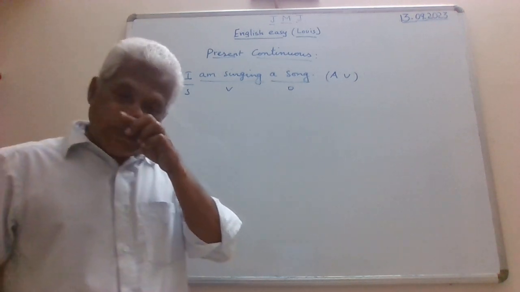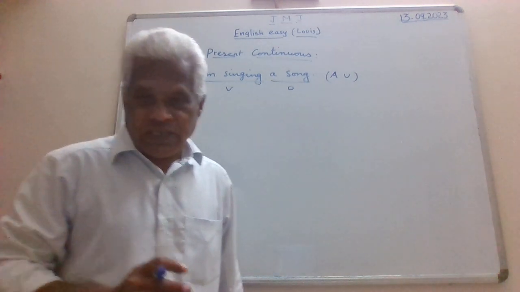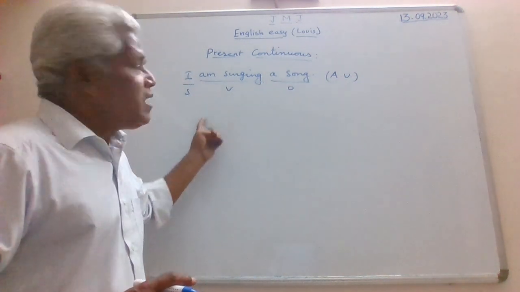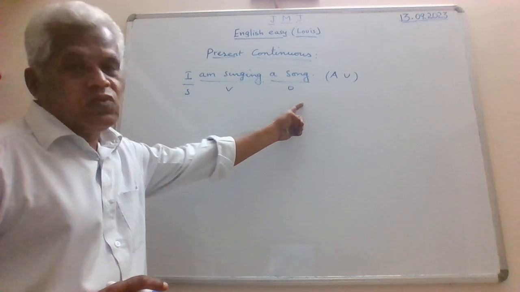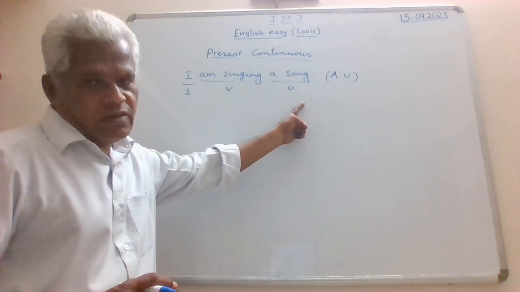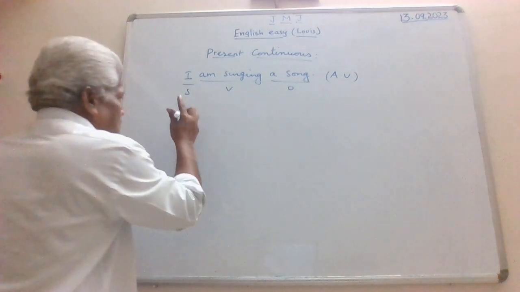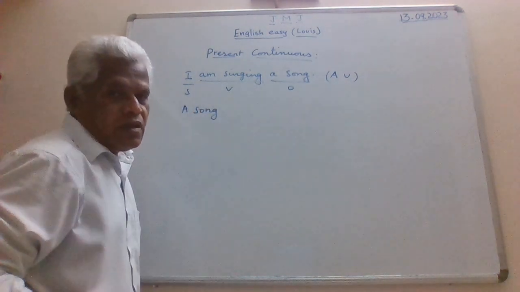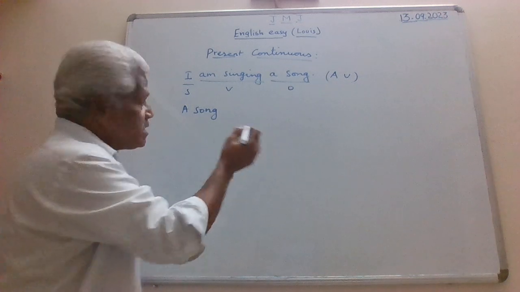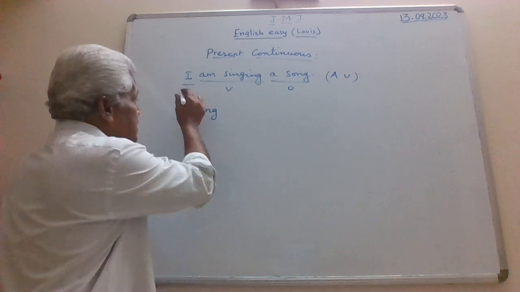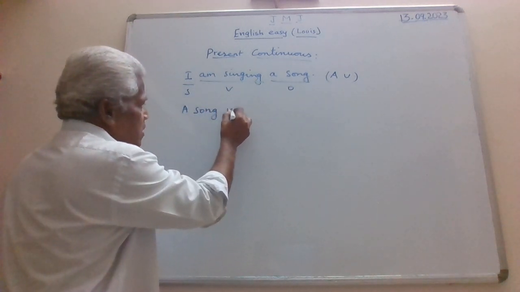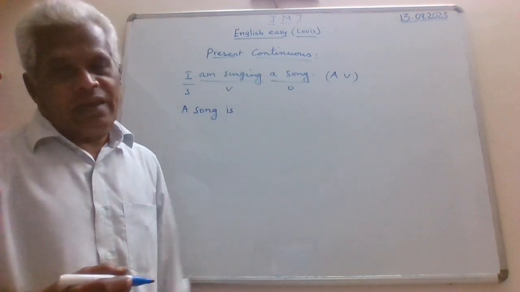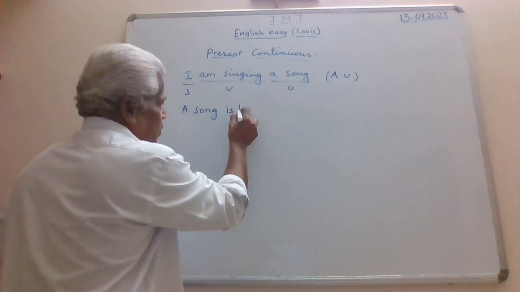Now we are going to change this into passive voice. So what is our rule here? The object has to be the subject here, and the subject has to function as an object. So let's write a song. Now since it is continuous tense and your subject is third person singular, a song is, and we are adding being for the passive form.